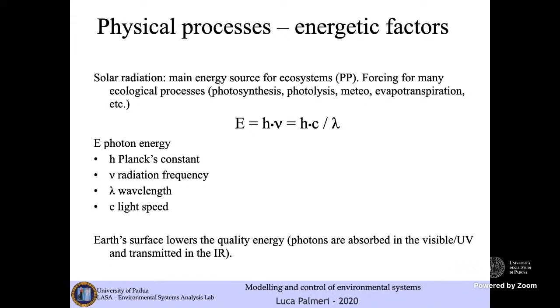Solar radiation is the forcing for many ecological processes, in particular photosynthesis and photolysis, but as we have seen last week, it is also the forcing for meteorological processes and for some heat transfer processes like evapotranspiration and so on. So how do we include energetic factors linked to solar radiation?